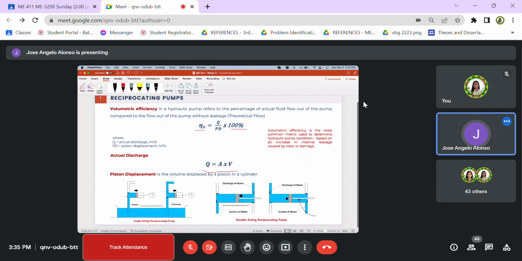Sa centrifugal pump, ang pagkuha ng efficiency natin is by using the output power divided by the input power or output energy divided by the input energy.